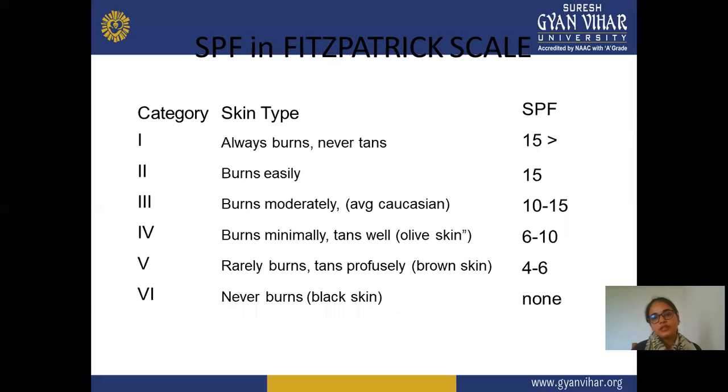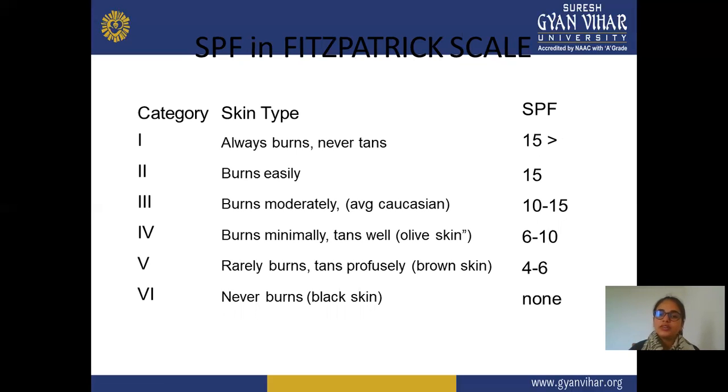Next, SPF on the Fitzpatrick scale. In this, we classify the SPF according to skin type, categories 1 to 6. In the first category, always burns, never tans. Means the skin only burns but never tans, and SPF of more than 15 is preferred. Skin that burns easily needs SPF 15.